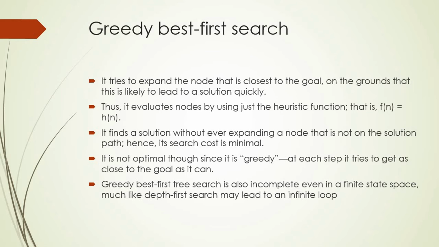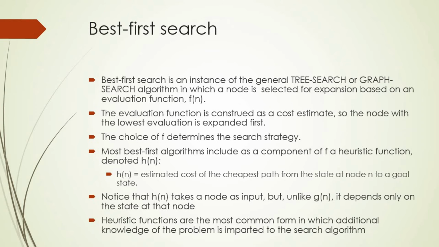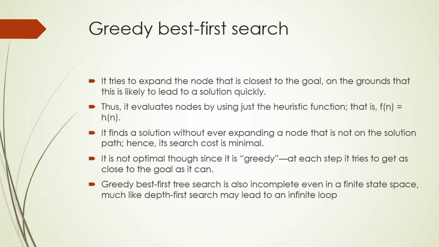So this greedy search is a variation of the best first search, but this one is more greedy. It tries to expand the node that is closest to the goal, on the grounds that this is likely to lead to a solution quickly.